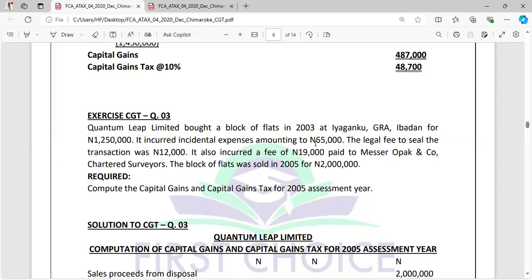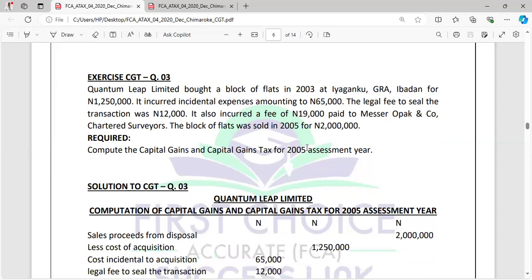Yes, it could be, but we are not told. This statement comes right after the cost of the asset was mentioned. So it could be that these are costs incidental to the acquisition. So these are costs associated with the acquisition of the assets.